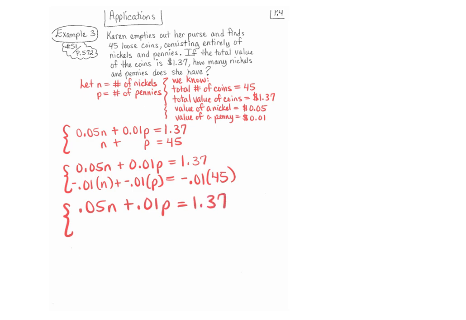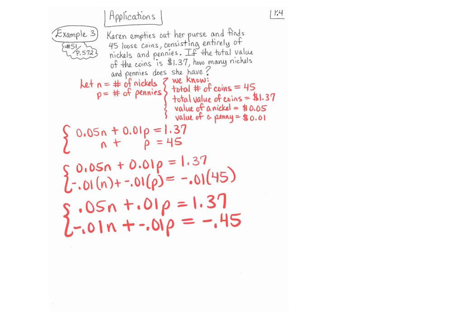What's equation 2 now? Negative 0.01, and negative 0.45.